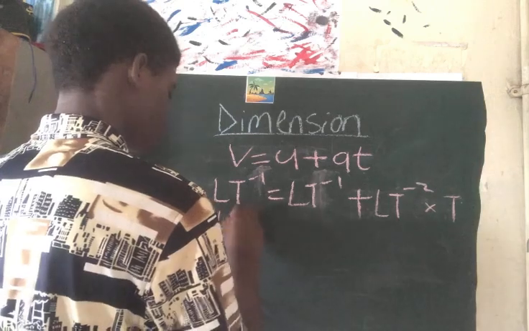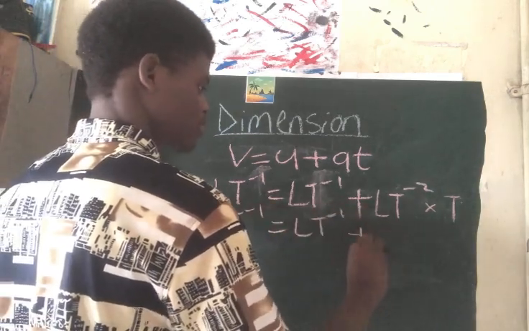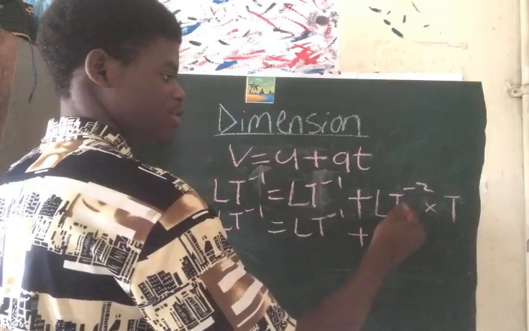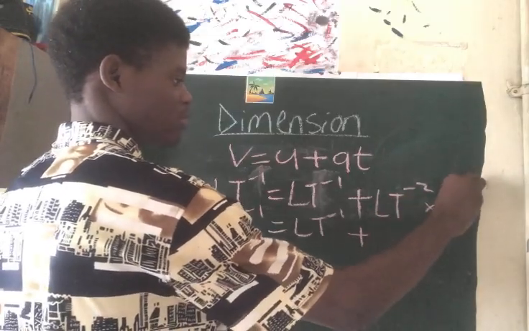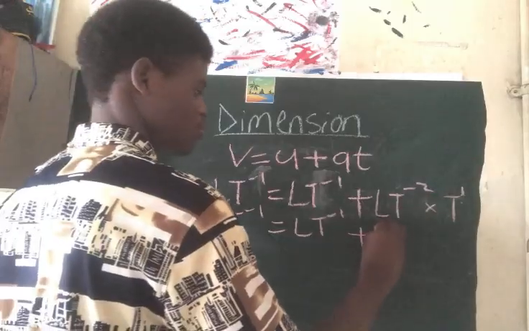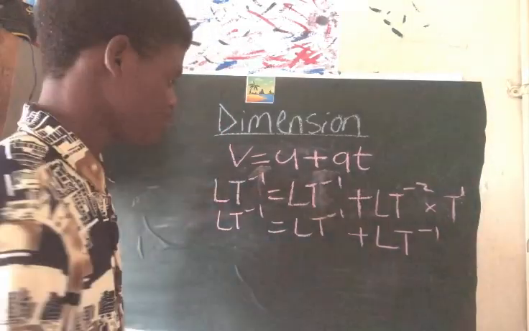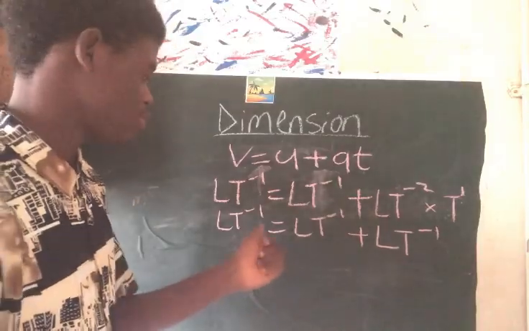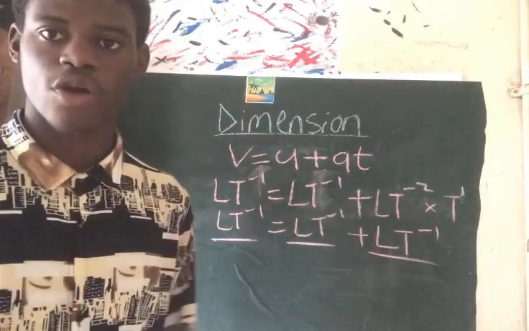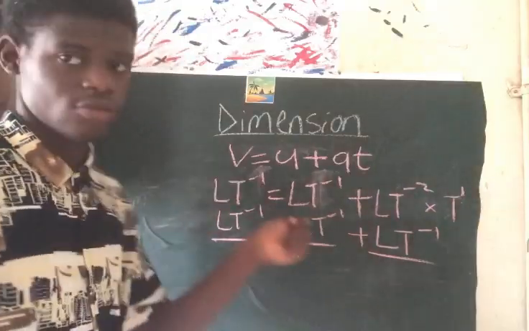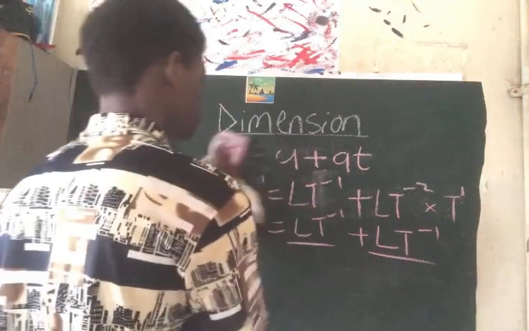So that will be LT^-1 is equal to LT^-1 plus, in indices, T^-2 times T, that's minus 2 plus 1, giving LT^-1. So you can see it's still the same thing. Since this one is equal to this one is equal to this one, we are correct. That means the equation is a standard equation.